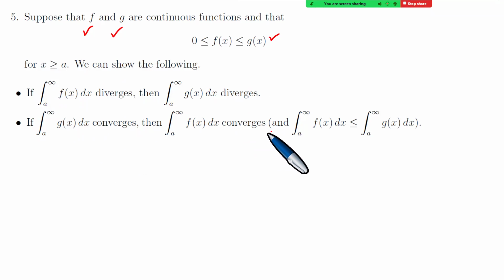And because f is less than or equal to g, then this integral here is also less or equal to the integral of g. Okay. So now, there are a couple of ways we can use to do this particular integral.